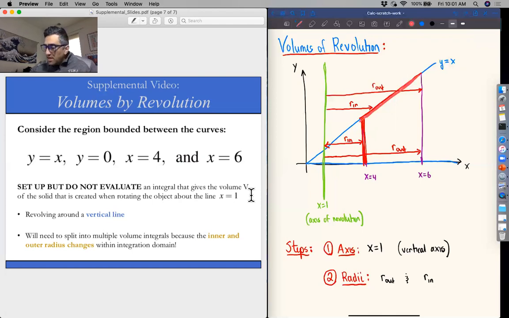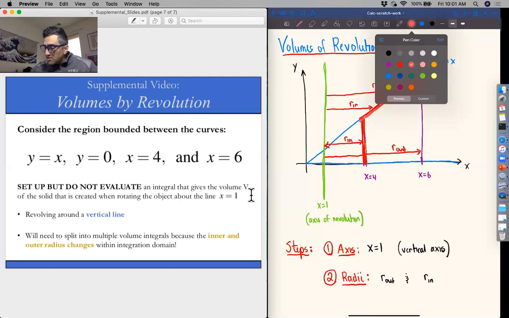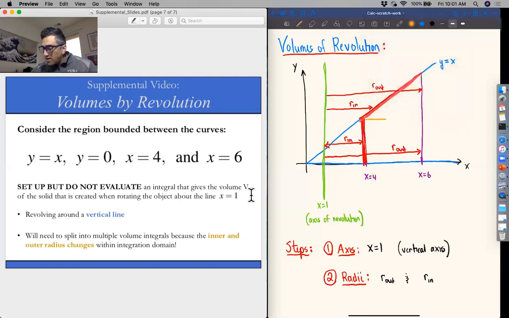So what this really means for us is we can think about this as splitting across two different integration regions. We could think about this top piece as region 2 and this bottom piece as region 1. And the reason we think about this is region 1 and region 2 will have their own outer radius and inner radius as well.